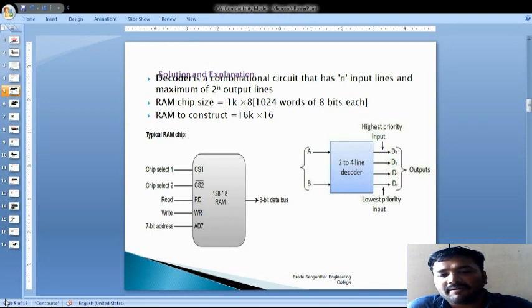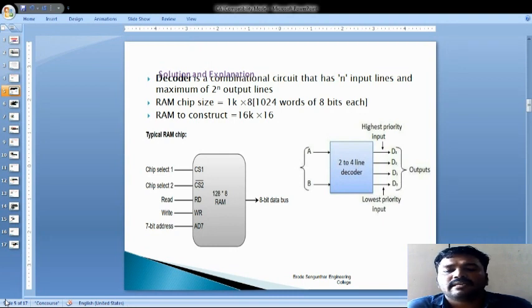A typical RAM will have chip selection 1 and chip selection 2 pins, the read and write signal pins, and addresses from AD0 to AD7, so totally 8 bits, and the output will be an 8-bit data bus.